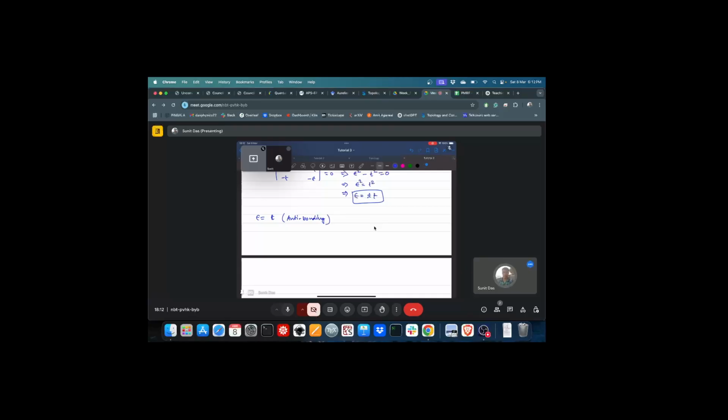orbitals, and this looks something like this if I draw the A site and B site. On the other hand, epsilon equal to minus t is lower in energy, which is the ground state in our case. It is the bonding orbital.